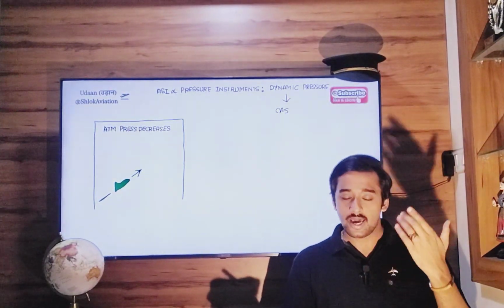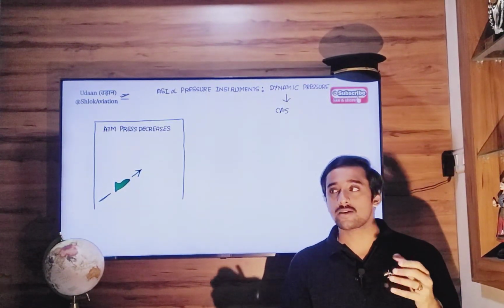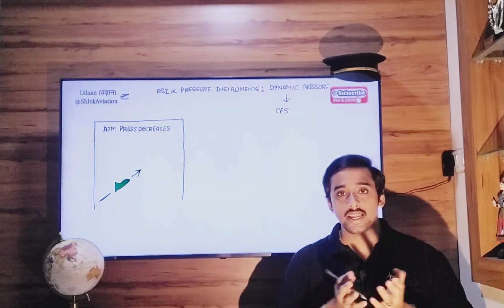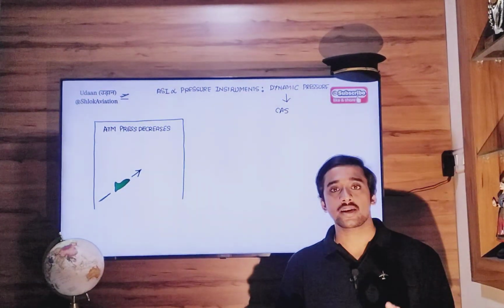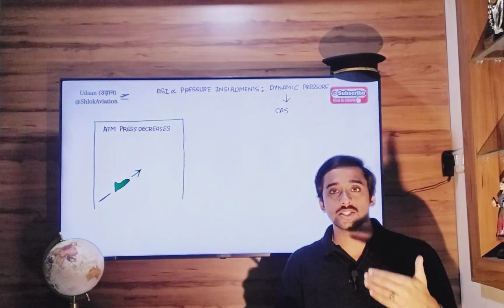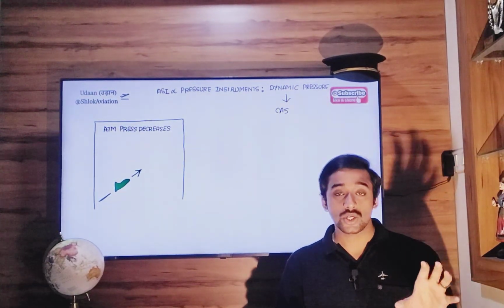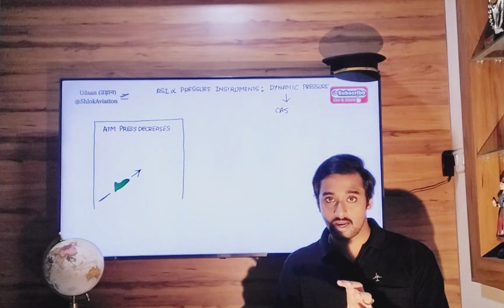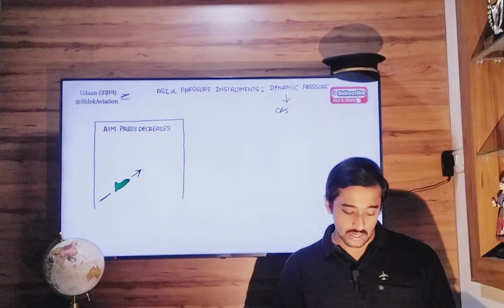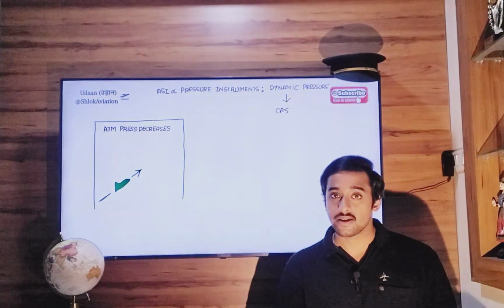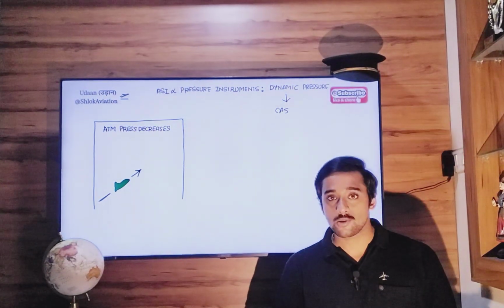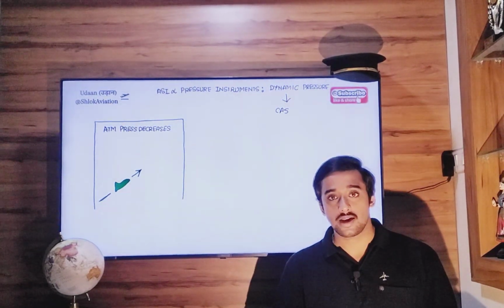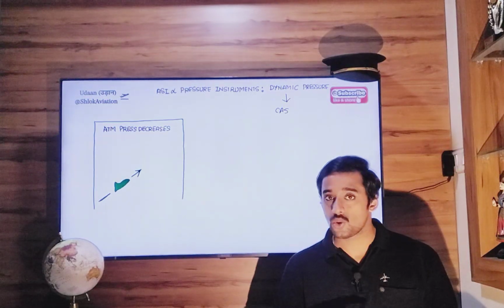When you climb to higher and higher altitudes, atmospheric pressure surrounding your aircraft will decrease. Your airspeed indicator will register less and less pressure. The dynamic pressure will also reduce, and the speed shown to you will go on decreasing.